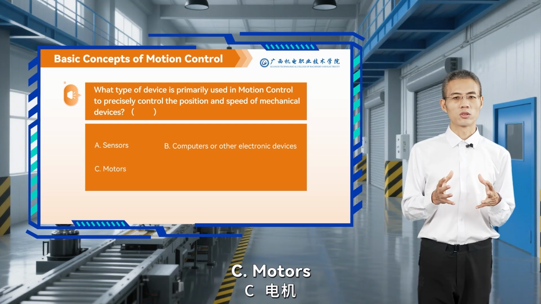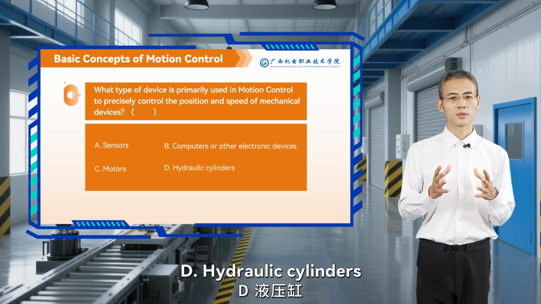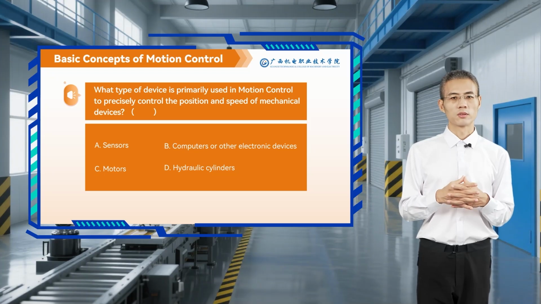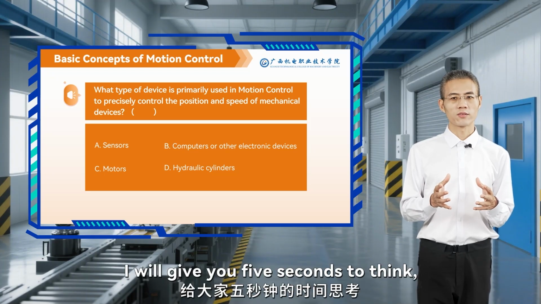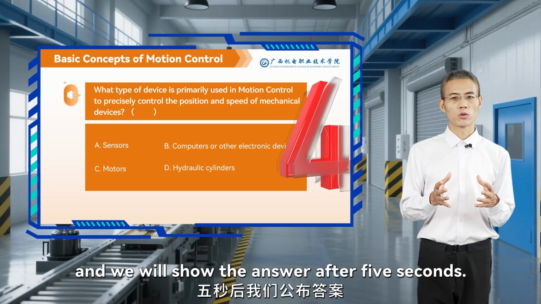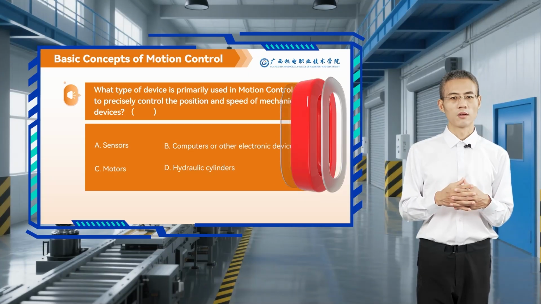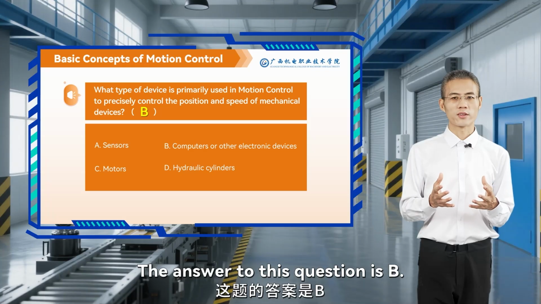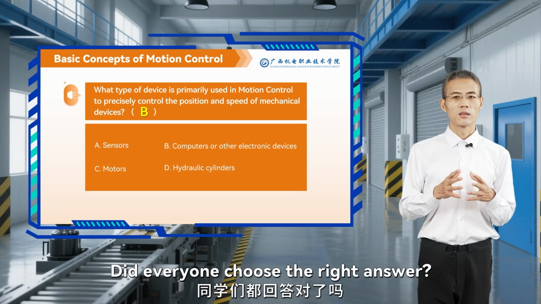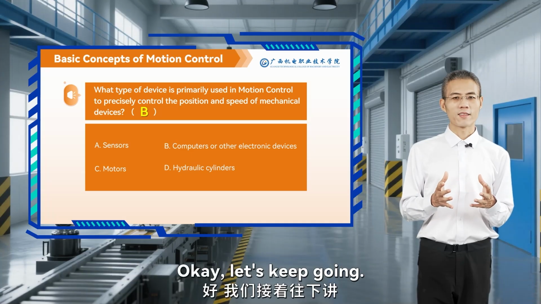C. Motors. D. Hydraulic cylinders. I will give you 5 seconds to think, and will show the answer after 5 seconds. The answer to this question is B. Did everyone choose the right answer? Okay, let's keep going.